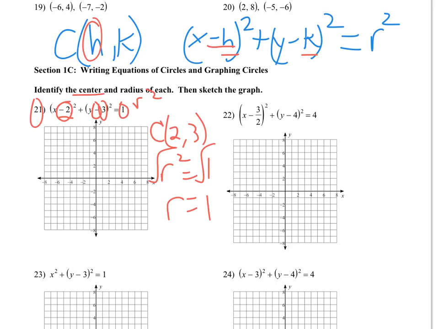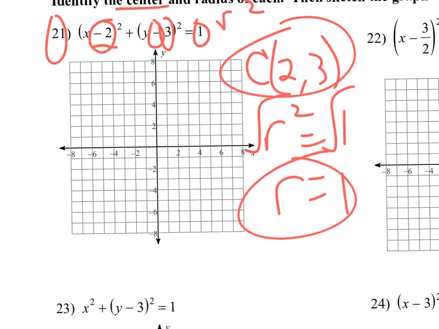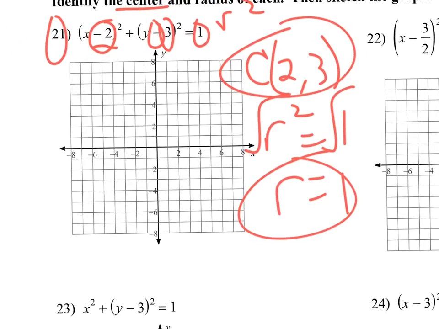Now I want to graph, so I identify the center, the radius, and now I want to graph. And I'm going to make this a little bit bigger here. So you're going to plot the center first. My center is (2, 3), so my center is going to be right there. My radius is 1. So from the center, I'm going to go out 1 unit in each of the 4 horizontal and vertical directions.